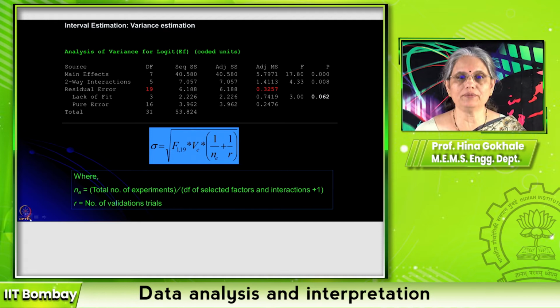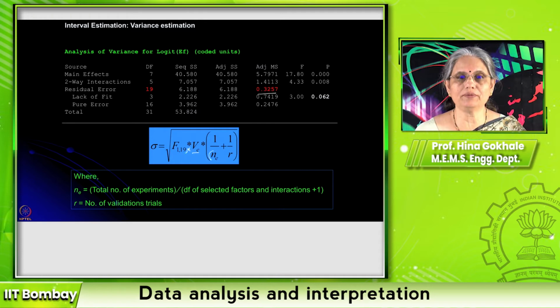Here something I have not written, I must write it down here. This is f, it does not show well, let us change the ink color, it shows f at alpha. Please remember we have to take it at alpha level, and therefore, you take f at alpha 95%, that is 0.05. This is the error variance which is shown here.